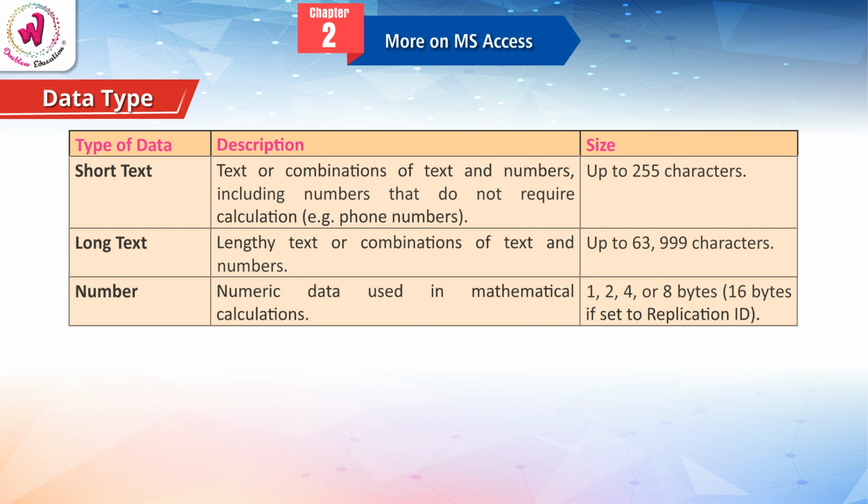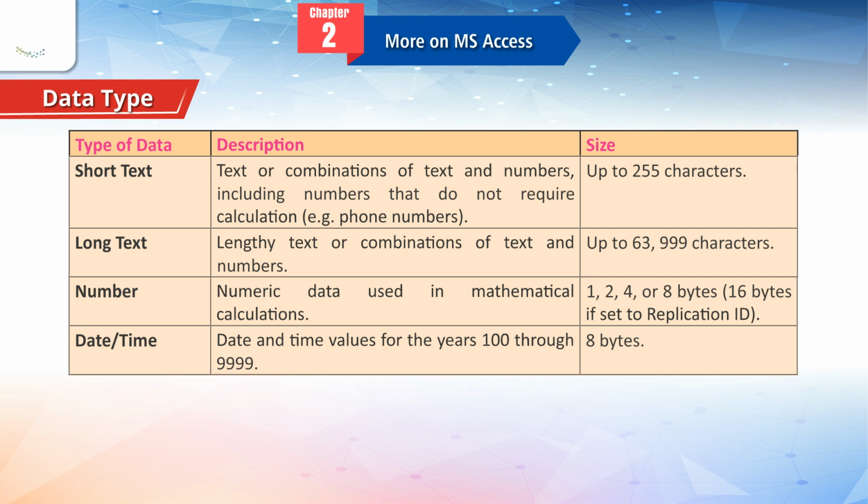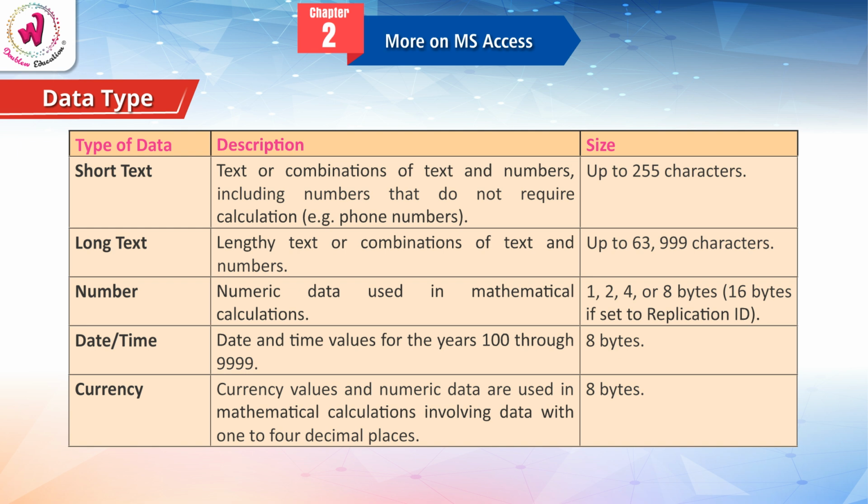1, 2, 4 or 8 bytes. 16 bytes if set to replication ID. Date and time. Date and time values for the years 100 through 9,999, 8 bytes. Currency.